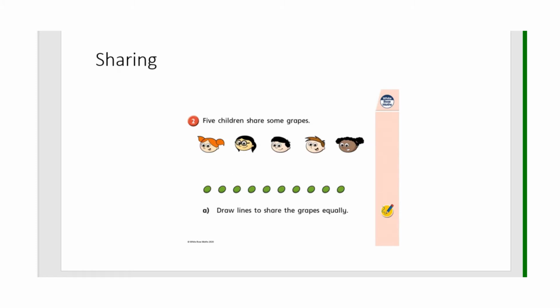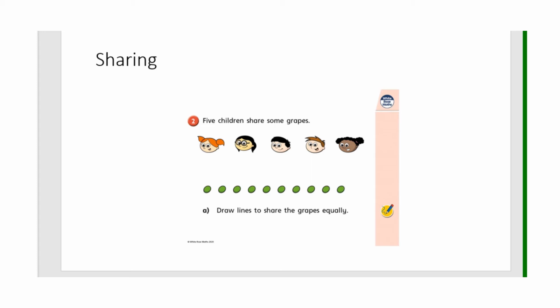Let's have a look at this one. 5 children share some grapes. There they are. Let's count how many there are: 1, 2, 3, 4, 5, 6, 7, 8, 9, 10. So we need to share 10 between 5 children. Can you get 10 counters or pasta shapes? And we'll have 5 groups.